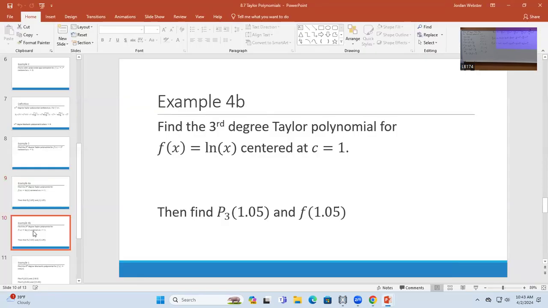Now, let's talk briefly about what if somebody said they actually wanted to find the 3rd degree Taylor polynomial centered at 1 for natural log of x.